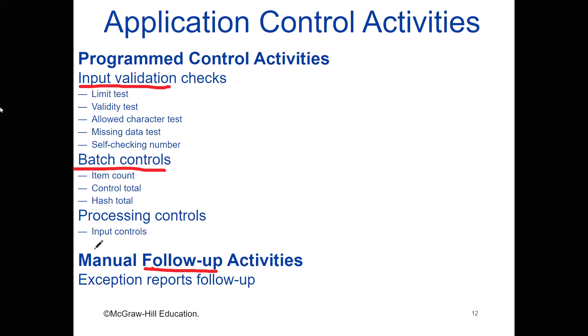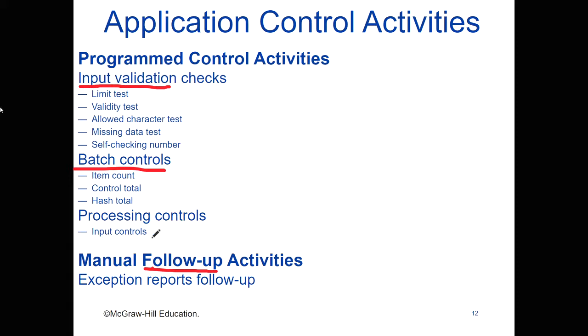And then processing controls are just a different category, although it's fairly similar. A lot of times the processing is really from one batch to the next, right? So it's kind of like the sequence of batches.